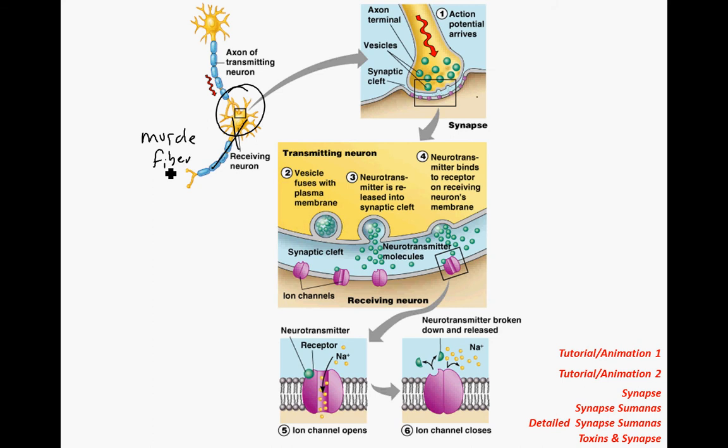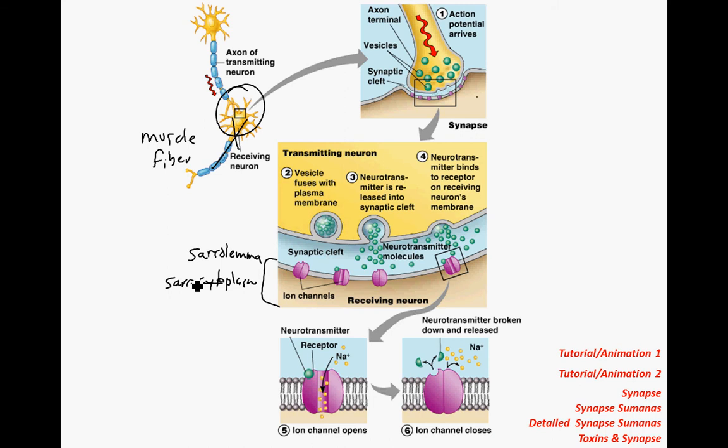So this right here is the cytoplasm and the cell membrane of the muscle cell. This would be the sarcolemma, the muscle fiber membrane, and this would be the sarcoplasm of that muscle fiber.